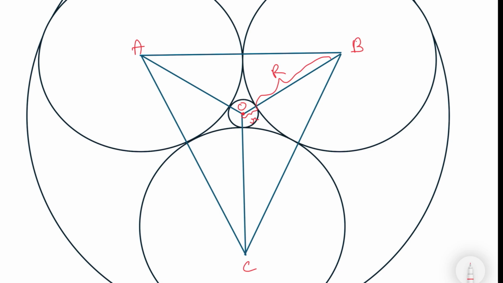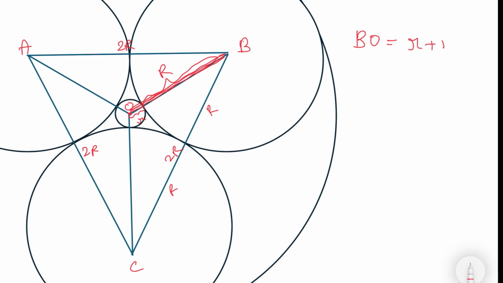So now, you will observe that the sides of the triangle ABC are R plus R, that is 2R units, 2R units, and 2R units, isn't it? Now, if we observe carefully, BO is small r plus capital R, and this BO is also the circumradius of the equilateral triangle. For any equilateral triangle, the circumradius is always the side divided by root 3.